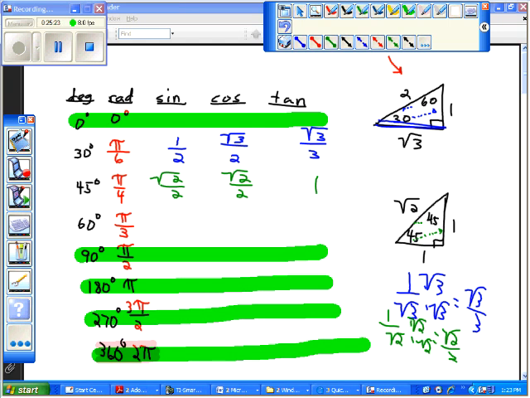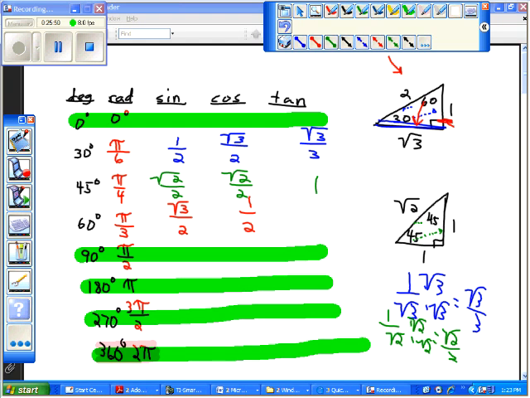When we look at the 60, we say sine is the length of the leg opposite the 60, which is square root 3, over the hypotenuse, which is 2. We say that the cosine is the length of the leg adjacent to the 60, 1, over the hypotenuse 2. Cosine 60 is a half.